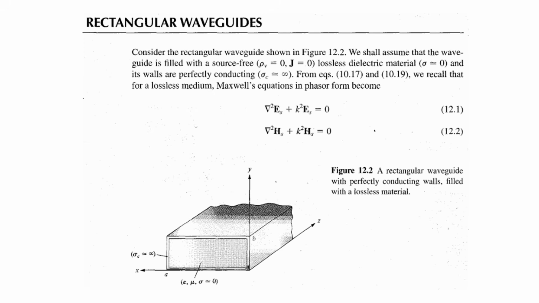So what do you mean by the rectangular waveguides? First, what is a waveguide? A waveguide is simply a term coined for some matter which will carry the wave. Here the shape of this particular waveguide is rectangular, so that is why it is called a rectangular waveguide.